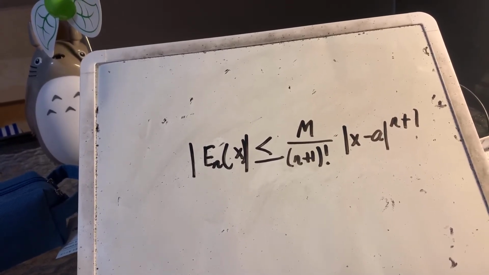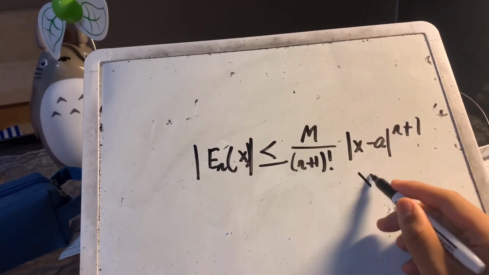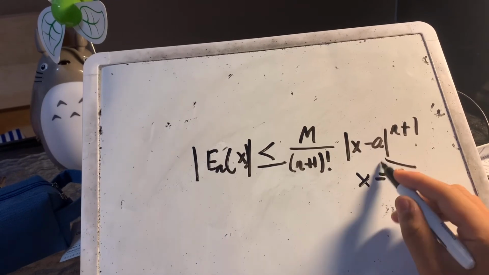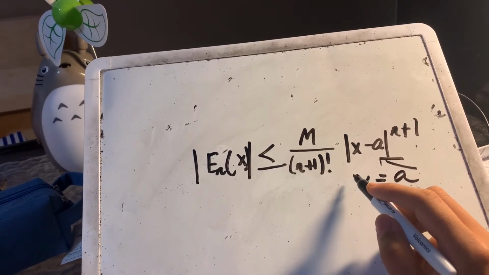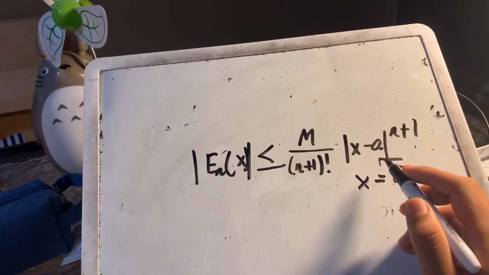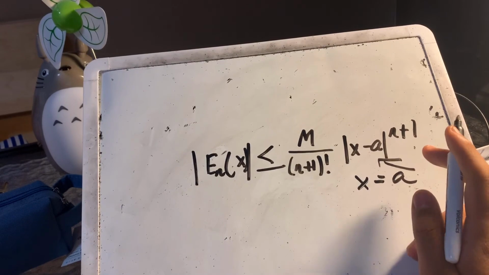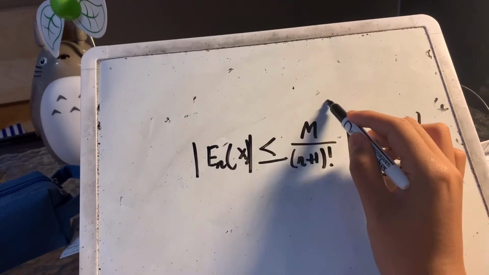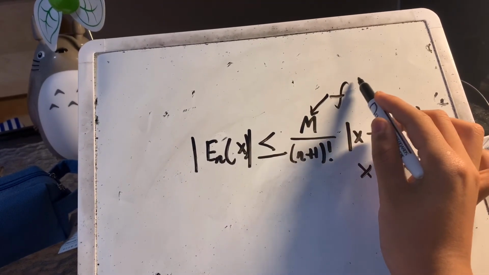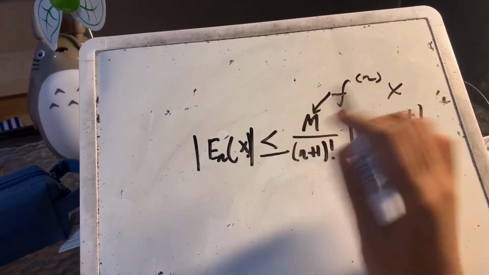So we know that the Taylor series approximation is centered at x equals a, and x is something that you are required to find. M is the maximum value of the (n plus 1)th derivative on the interval.